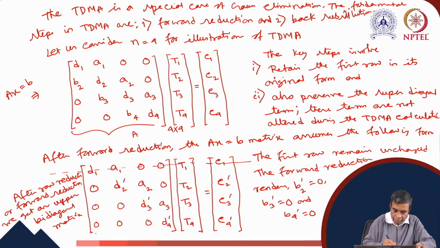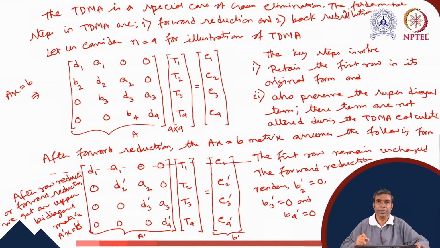So our new matrix equation system becomes A dash x equals to B dash. So this is our A dash matrix, and this is our B dash matrix. So the tridiagonal matrix is converted to an upper bidiagonal matrix by the forward reduction or the row reduction operations.